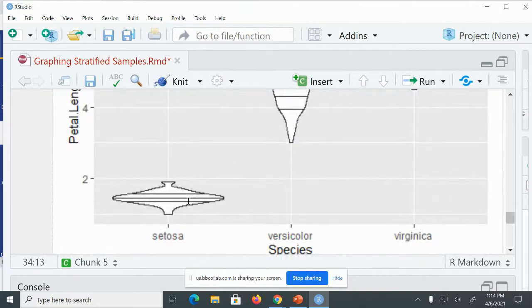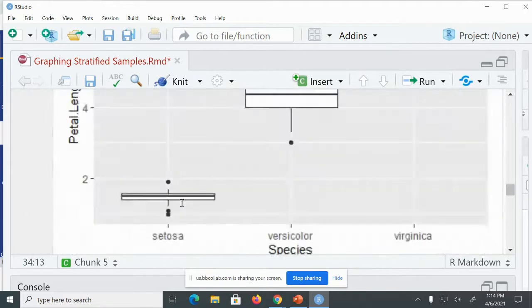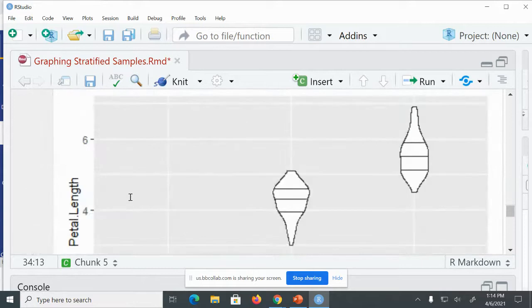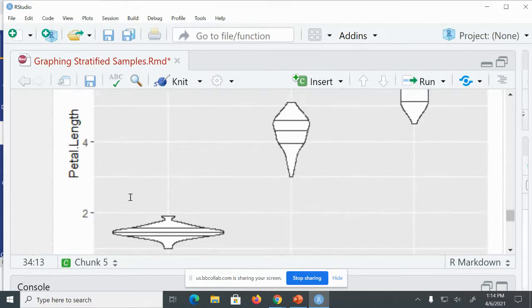Here we can see that it's clustered around the median in a way so that most of the distribution is really close to the median. It's not like it's all sort of evenly spread out throughout this range of this box. Questions about violin plots?